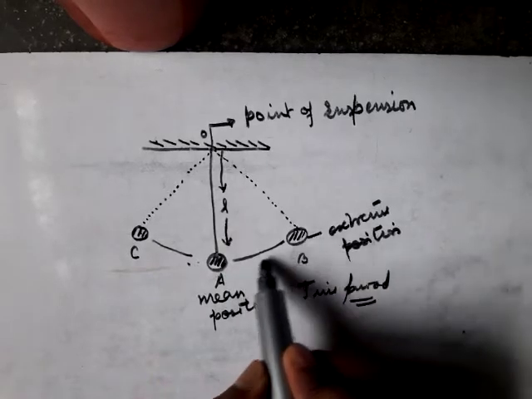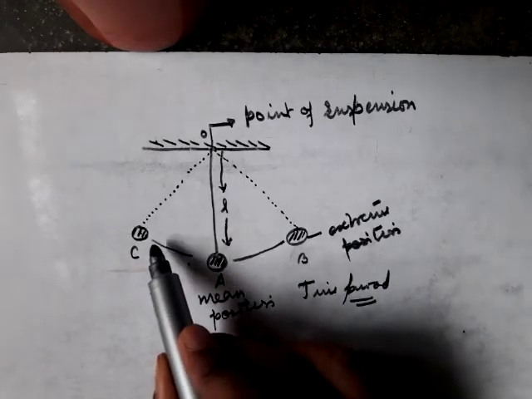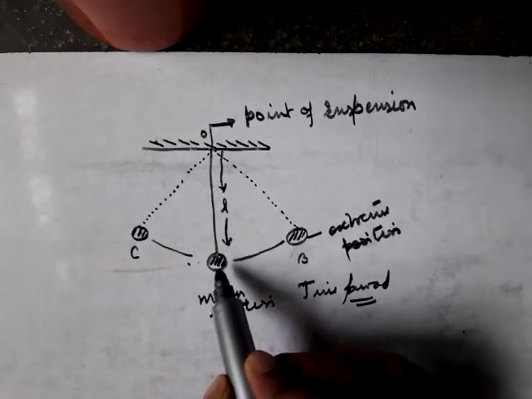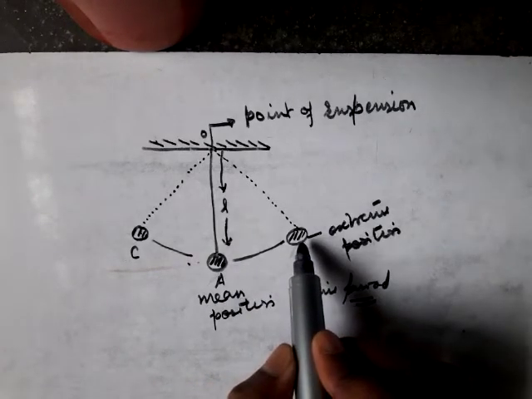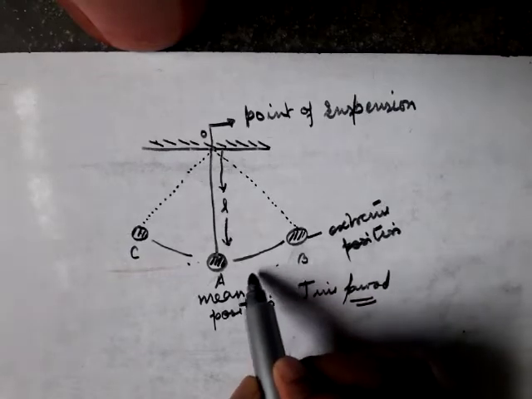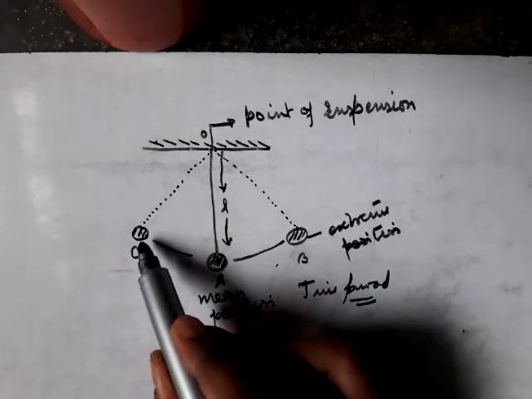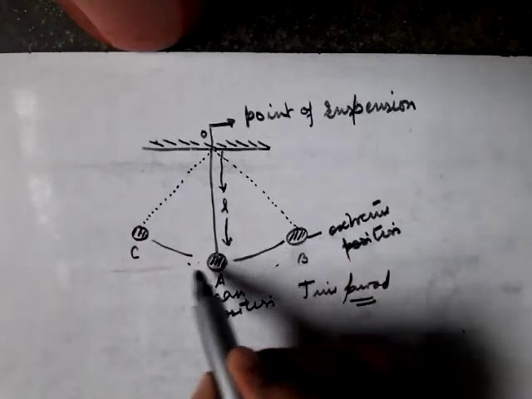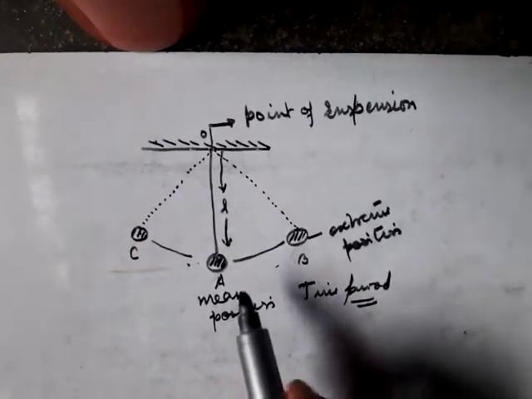It will go from here up to this, come to the rest position, and after that to the extreme position. It means the total time taken by the simple pendulum to complete one oscillation. From here it is coming again here, a complete oscillation. So, what is the time period?